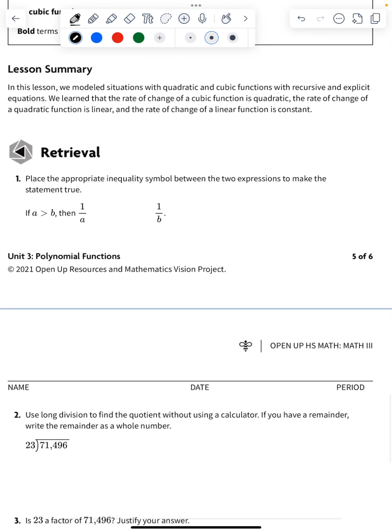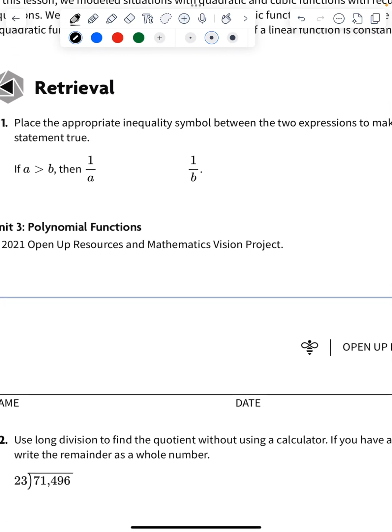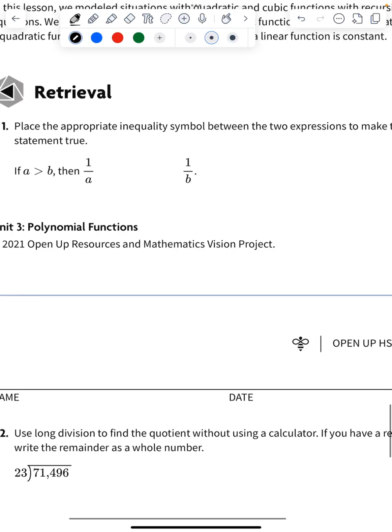We have a retrieval here. It says place the appropriate inequality sign in the expressions to make them true. This will be important this chapter just to kind of think through some things. So if A is greater than B, I can do this for Eli. If A is 7 and B is 6, so A is greater than B, then 1 over 7 is blank 1 over 6.